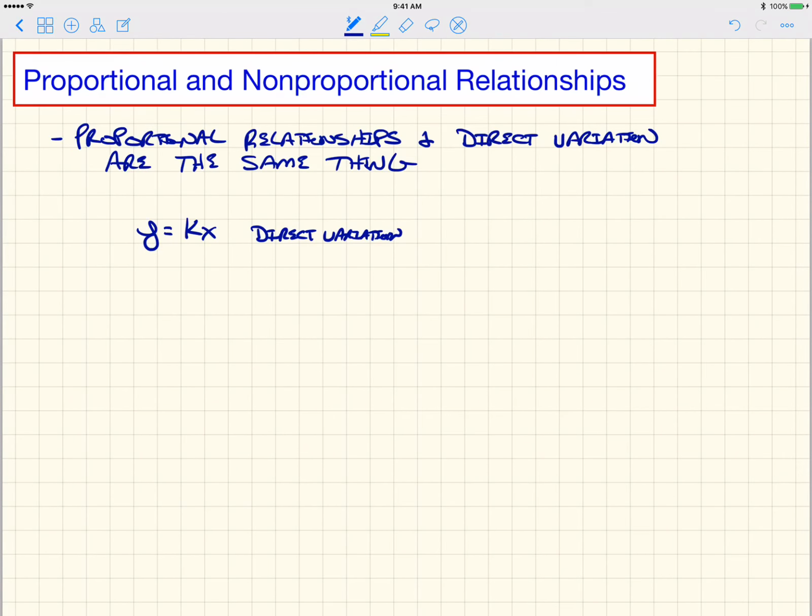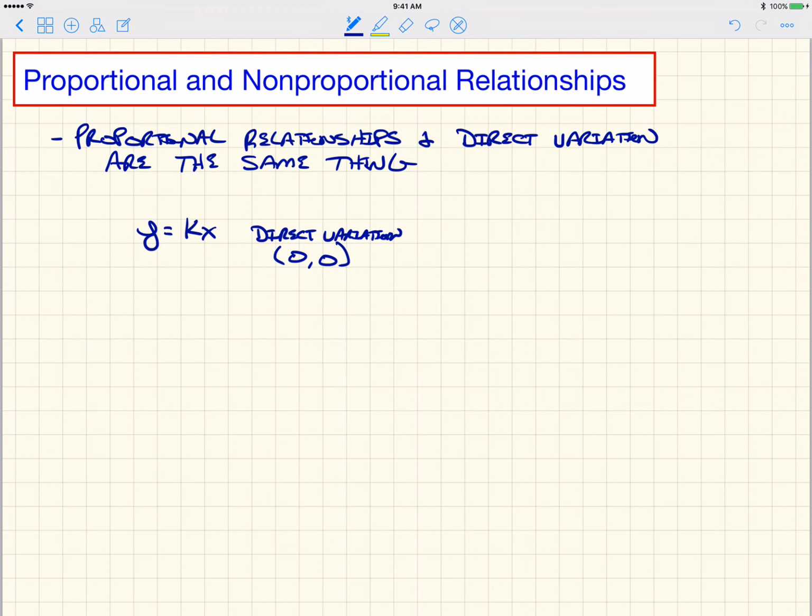Well, 0 times any value is going to be 0, which means that y is going to be 0. So remember that one of the definitions of direct variation is that the line will pass through 0, comma 0. That's one of the rules of direct variation.